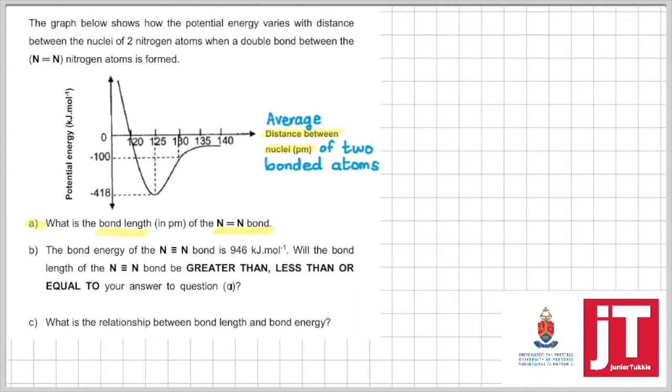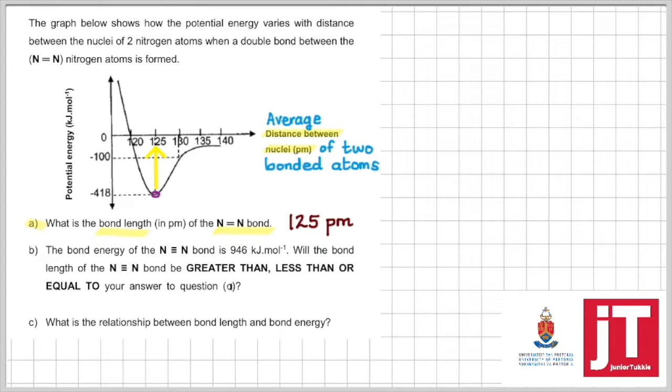Based on this, we know that we can read bond length off of the x-axis of this graph. We go to the place of minimum energy, maximum stability, and we read down to the x-axis, where we find that the bond length is 125 picometers.